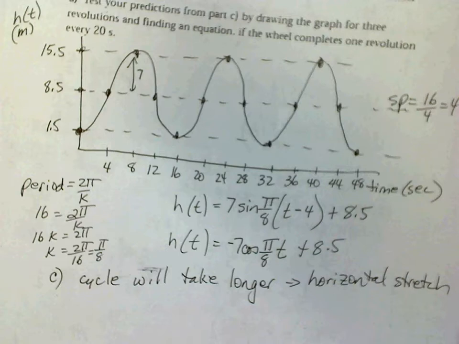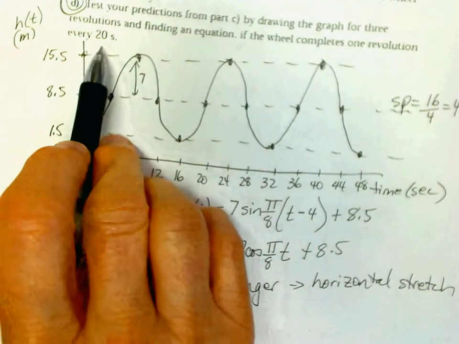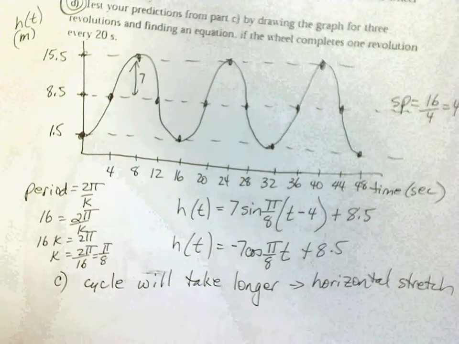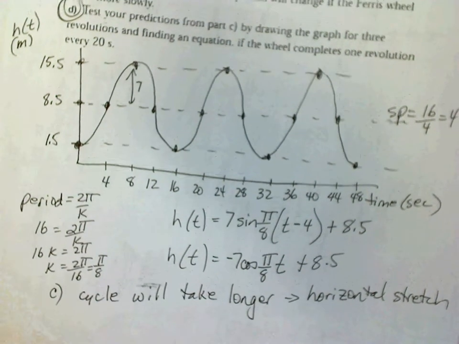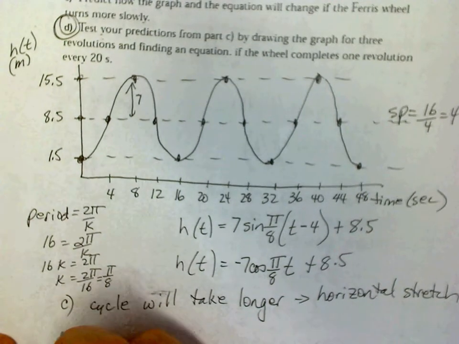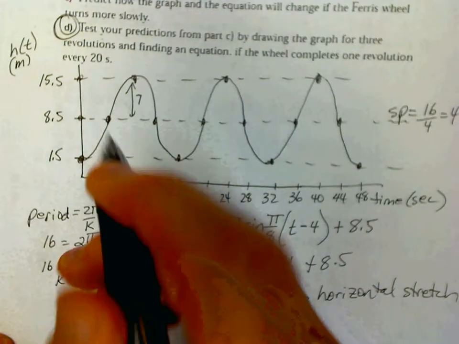So D is basically repeating the same thing but with 20 seconds. Would you like me to do that or would you like to try it on your own? I can do it. So it's just a horizontal stretch, so everything stays the same.